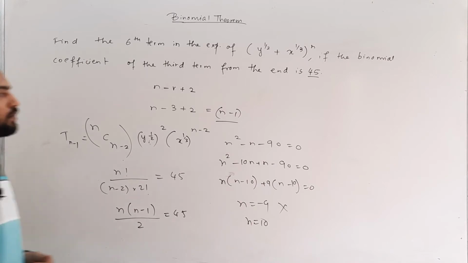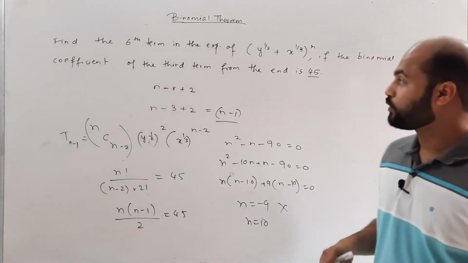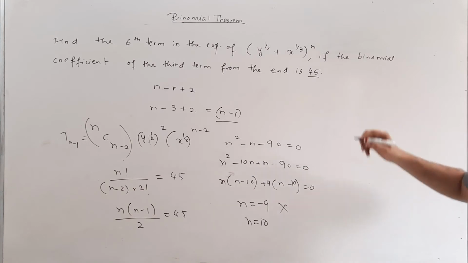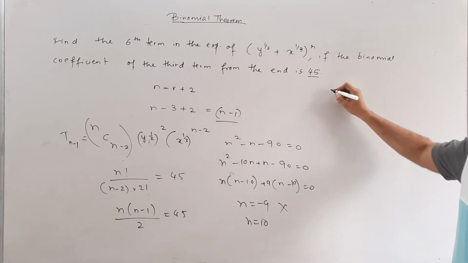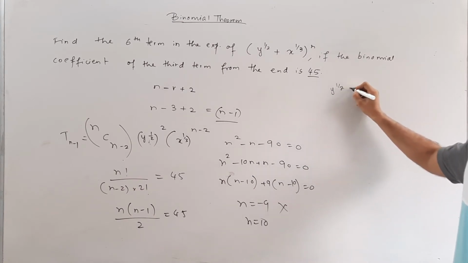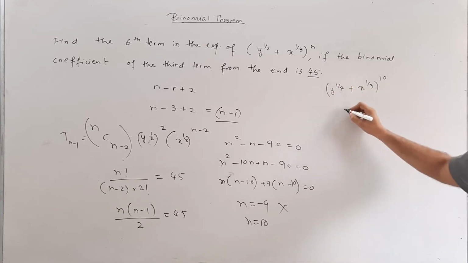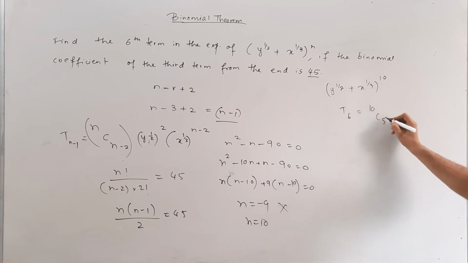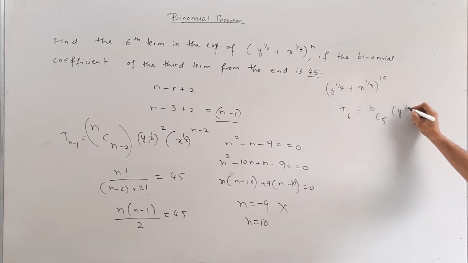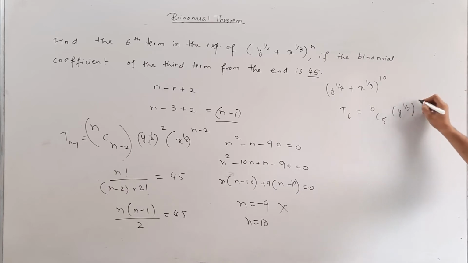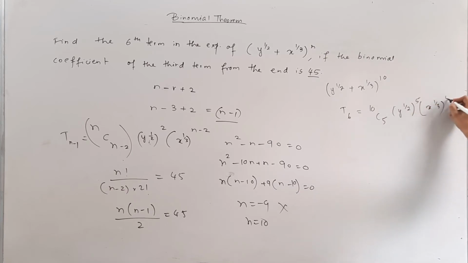Now that we have got n, it is very easy to find the sixth term in the expansion. The actual expansion that we're talking about is this. So it's going to be t6, and that's going to be 10C5 y raised to half into (10 minus 5), that is 5, and x raised to 1 by 3 raised to 5.